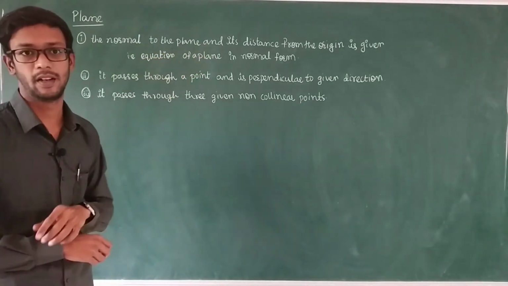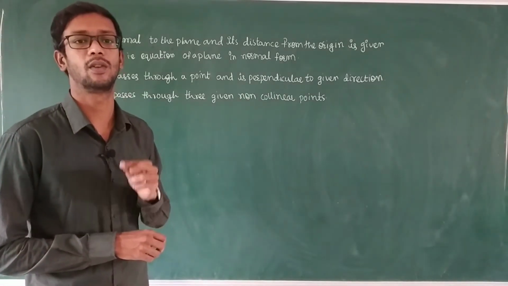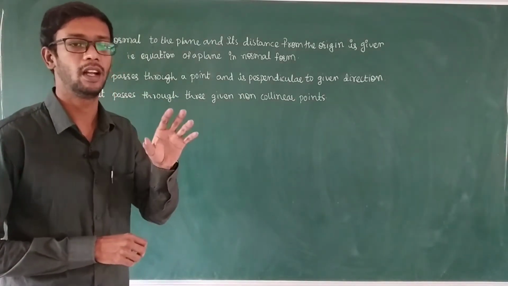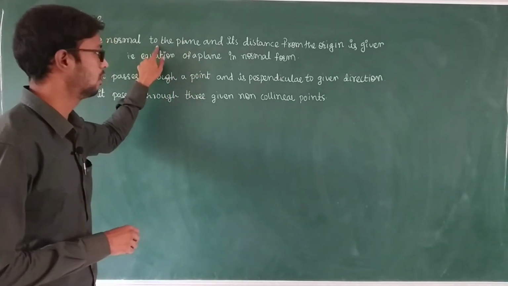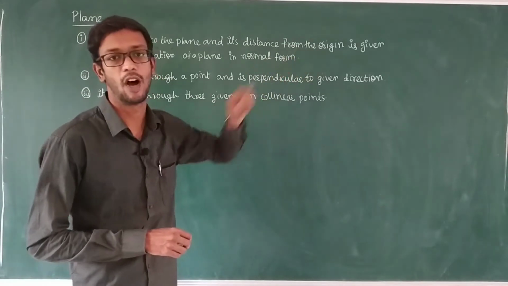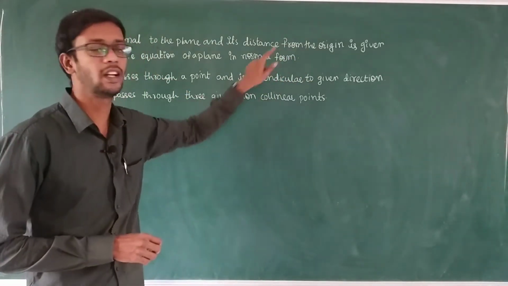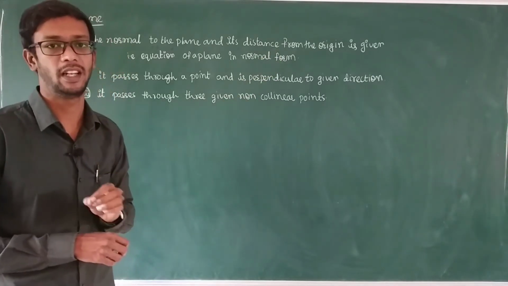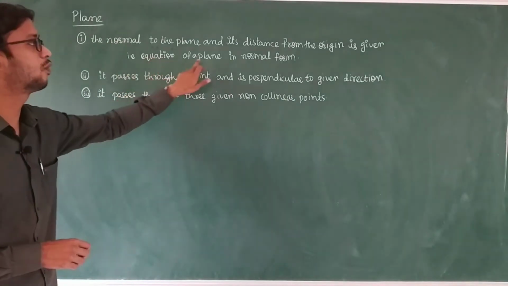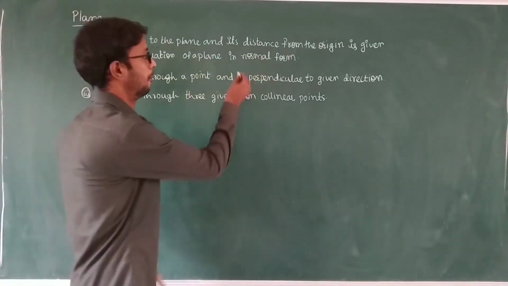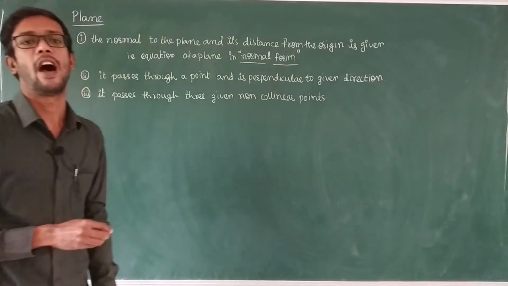Normal to the plane means the perpendicular line from origin to the plane, and the distance from the origin is also given. At that time you have to find the plane equation. This is the first theorem, and this will be named as the equation of a plane in normal form.